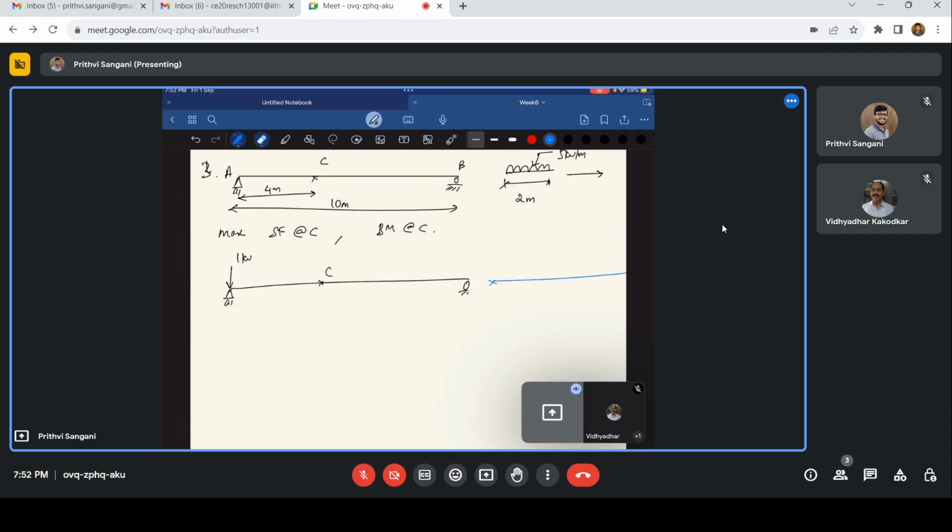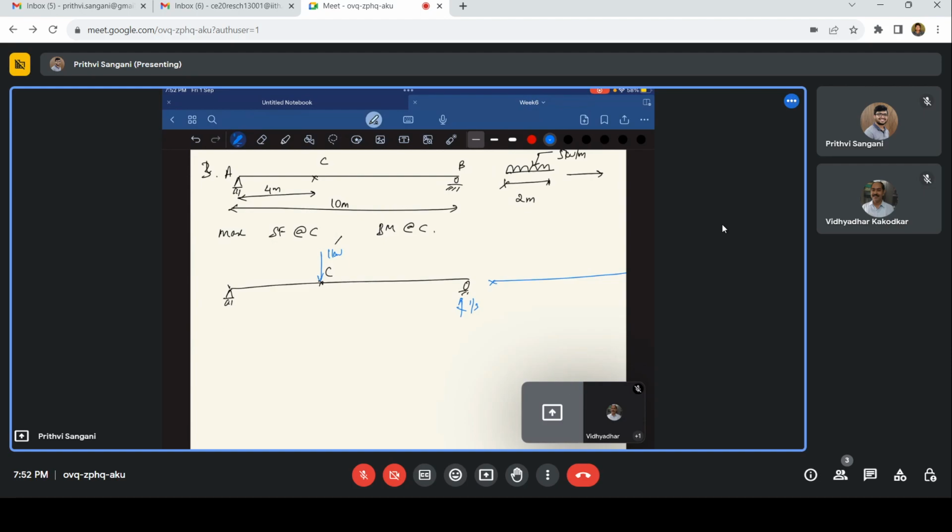Next, when my unit load of 1 kilonewton is at C, what happens to my shear force? The shear force will be, this is 1, then this should be 1 by 1, 3 by 3 times 10, and 1 times 4.